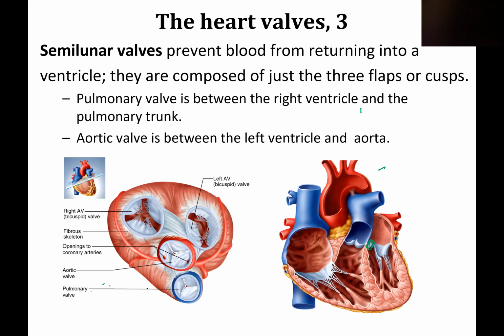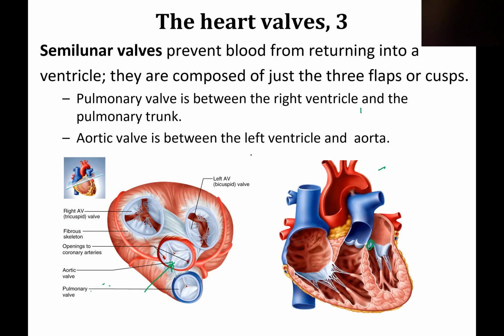You have a better view of it in this superior view right here. So this is the closed side of the valve, not the open side or the incoming side. Now, you'll also see these called aortic semilunar valve and pulmonary semilunar valve. But I don't usually repeat the word semilunar.